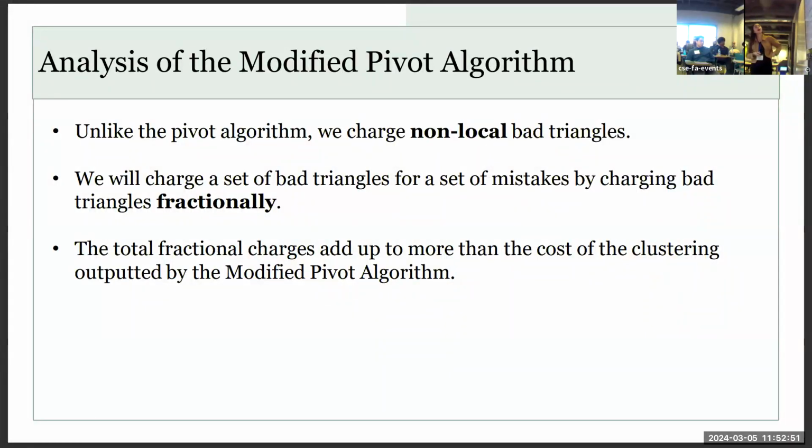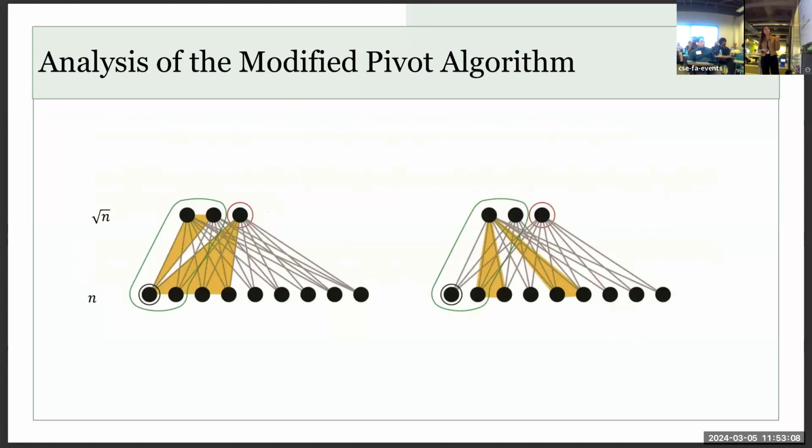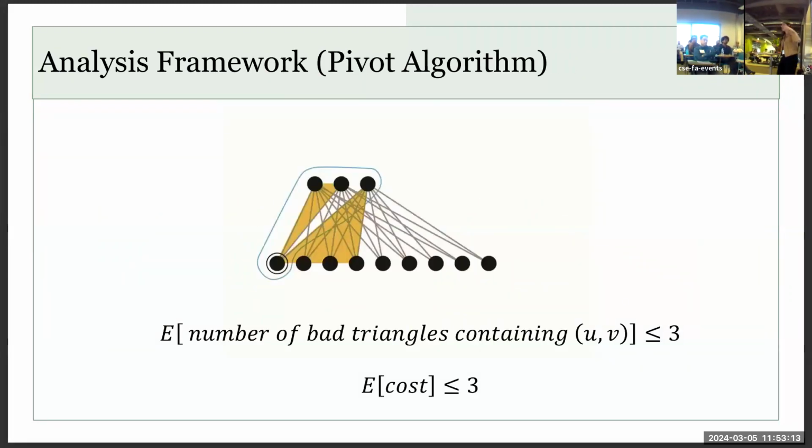So how our analysis worked is that unlike the pivot algorithm, we would actually charge some non-local bad triangles instead of local triangles. And what the pivot algorithm did was that it would just charge any mistake with a bad triangle.